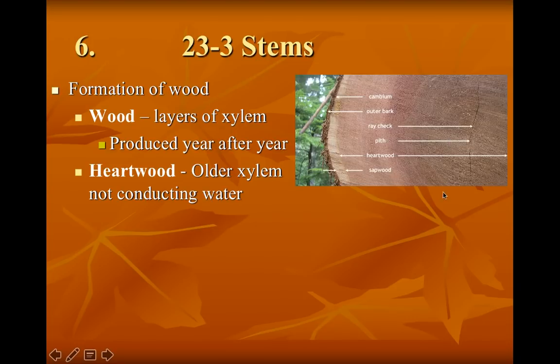So the darker areas here, all the way up to kind of where this line is, that's what we call heartwood, and that's really just the older xylem. It's so old, in fact, that it's no longer doing its job to transport water from the roots up to the plant. It's hard and not dried out, but it's definitely drier than the outer layers.